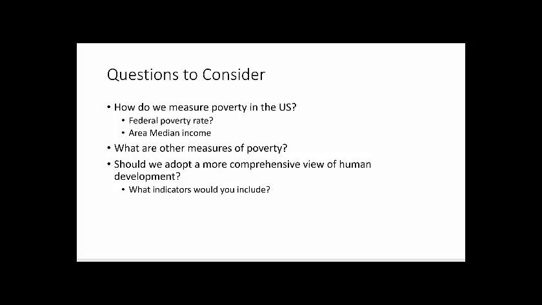In looking at these measures, another question we might consider is, should we have a more comprehensive view of human development? Instead of just looking at poverty, that is, looking at the number or proportion of people who are below a certain standard, an economic threshold, or above, should we look at other measurements? Why?